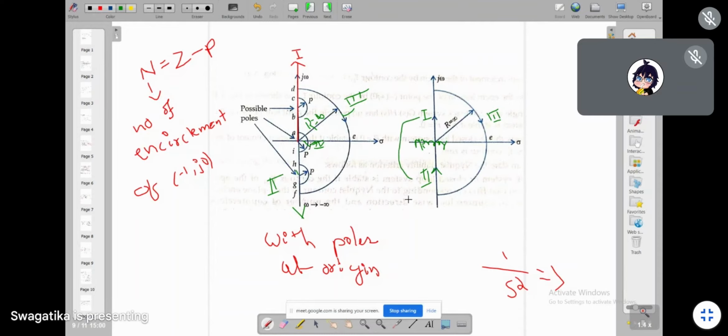Now path number 3. It has radius equal to infinity.